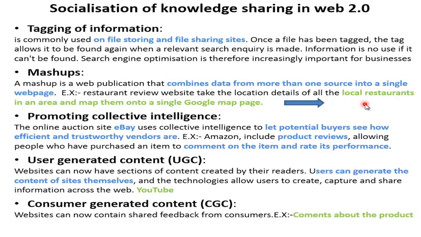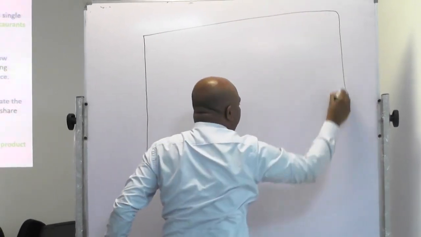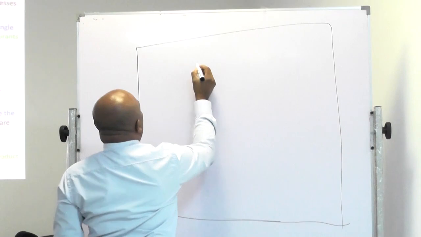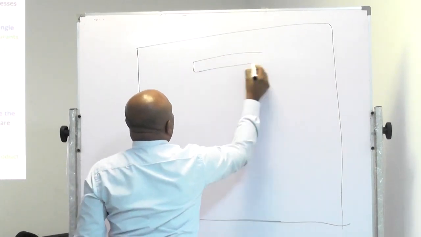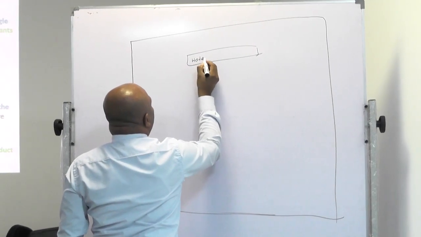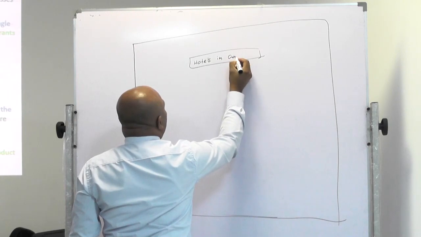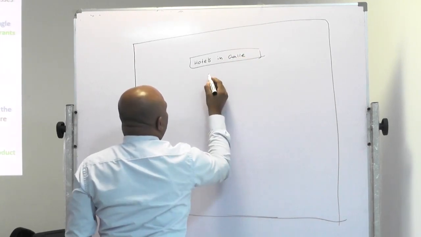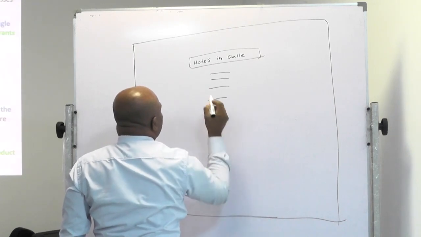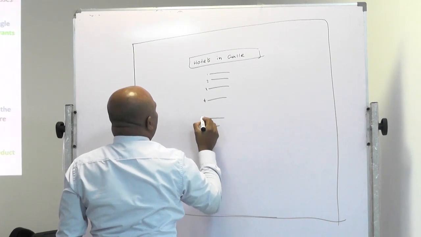So let's say this is the web page. In the search item, you are searching hotels in Galle. So a list of hotels will be given, right? 1, 2, 3, 4, 5, 6.